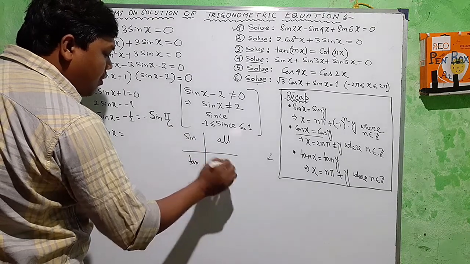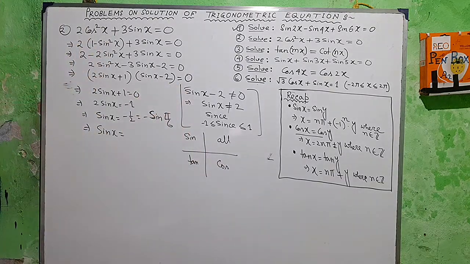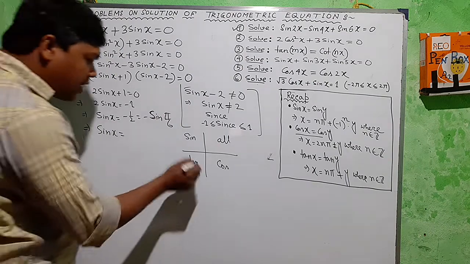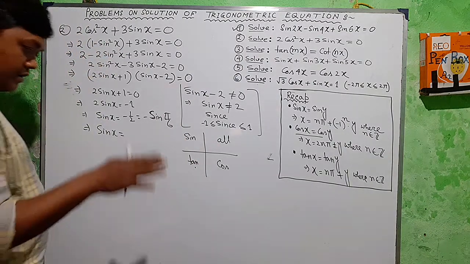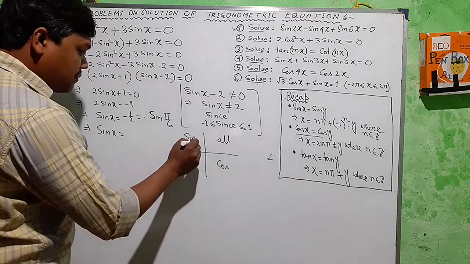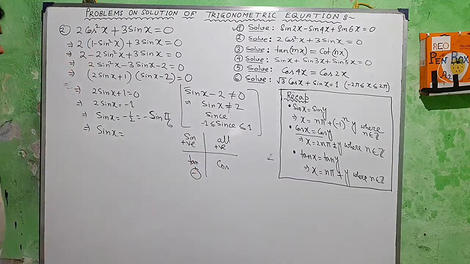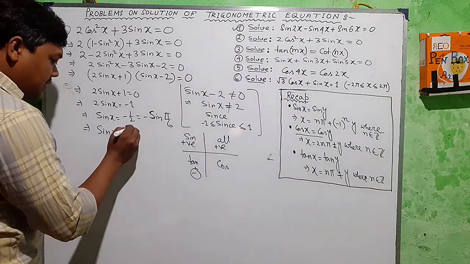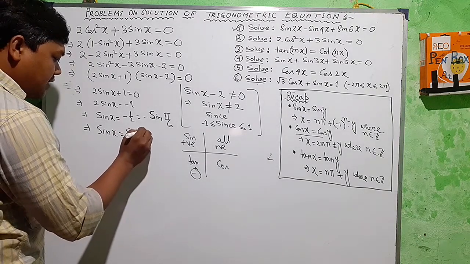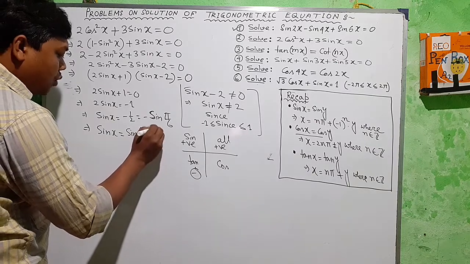I take only one principal value for this case. In the third quadrant, sin is negative. Here sin is positive, here all are positive, but sin is negative here. So I can easily say that this can be written as sin of pi plus pi by 6.